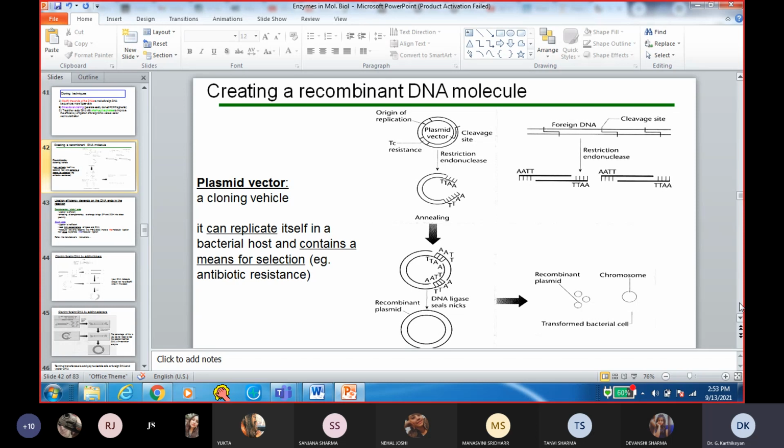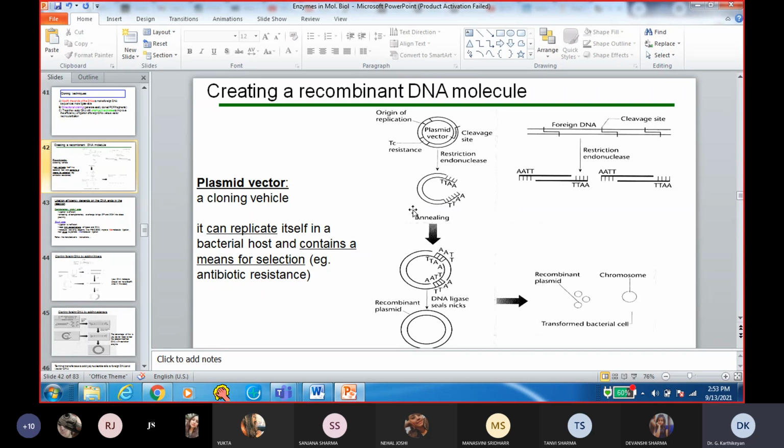Okay, so this is just an example. Let's say this is the foreign DNA, and you are cutting it with certain restriction enzymes, and it is going to generate, say, a termini like this, AATT. It could be GAATTC, which is the recognition site for EcoRI.